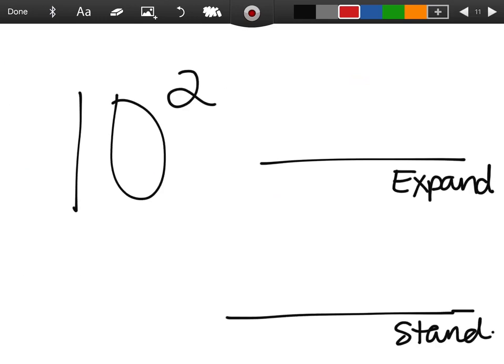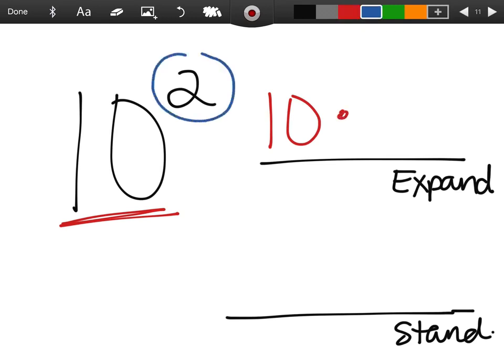Tens are a special breed a little bit when it comes to standard form and switching them back and forth, converting them between expanded, standard, and exponential form. So again, we're going to start with expanded. My base tells me the number I'm going to use, and the exponent tells me how many times I'm going to do it.